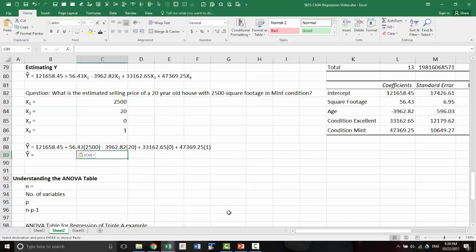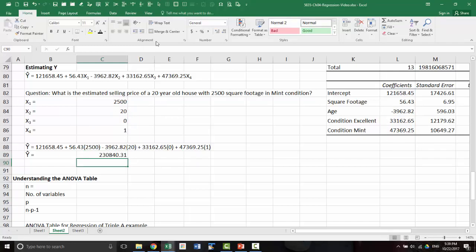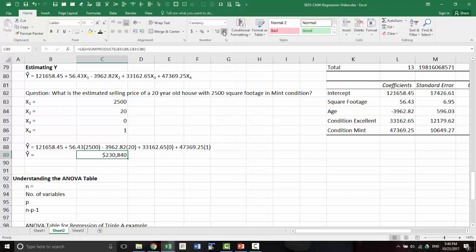We can do a sum product of these coefficients with these values, and that will give us our estimate. Let's make it into currency and not decimal places. So that's our estimate.